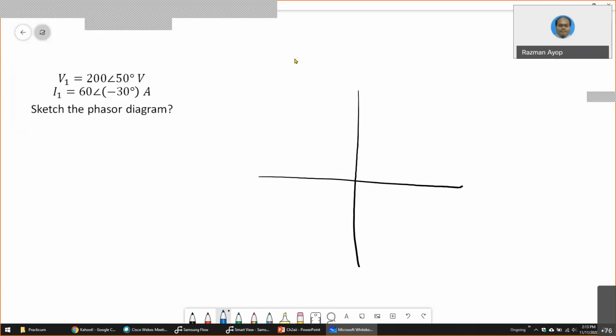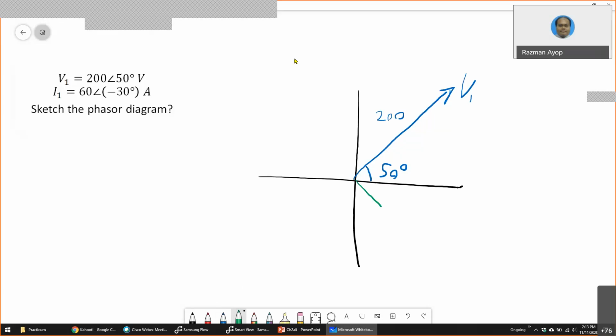So how to draw this? First, we look at V1. V1 is 50 degrees, so around this. Don't forget to put the parameter, then put the magnitude, and then lastly put the angle. For the second one, make sure that it is shorter because 200 is higher than 60.